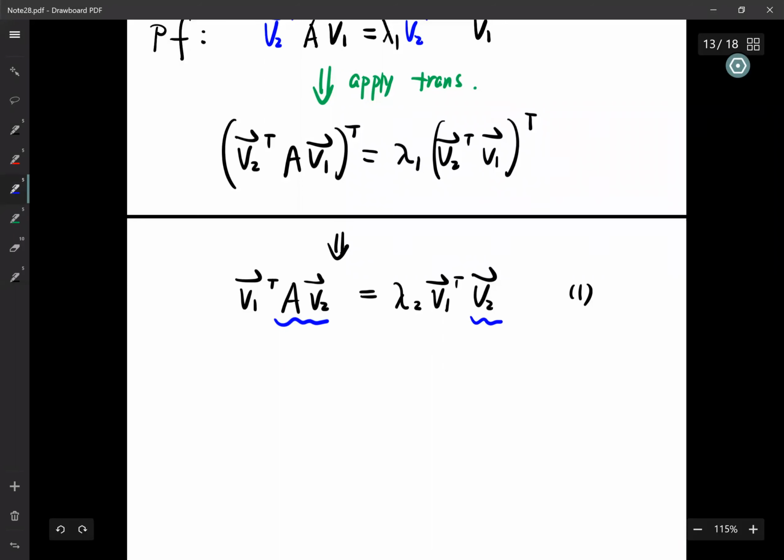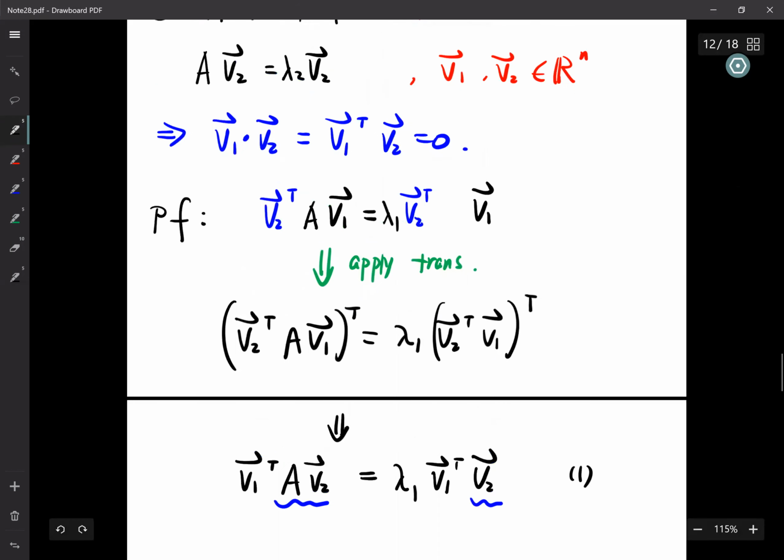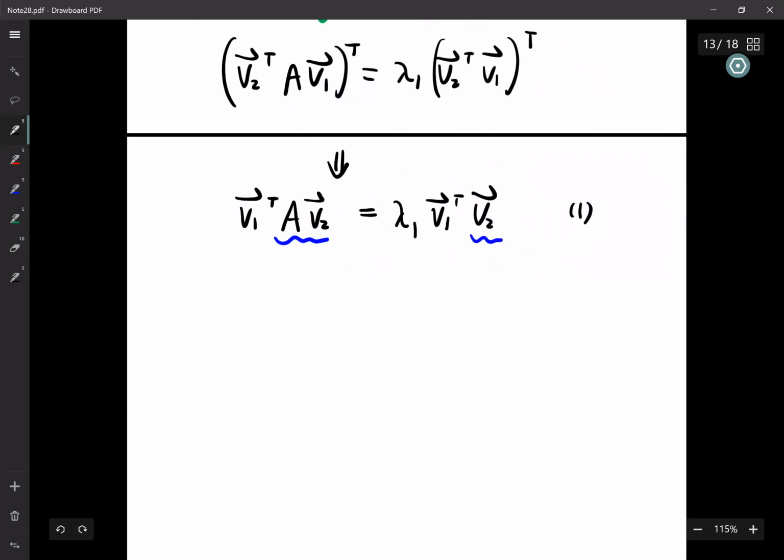This is V2. Oh, sorry. This is lambda 1. That's too fast. So AV2, as I said, equals lambda 2 V2. So this is V1 transpose lambda 2 V2.